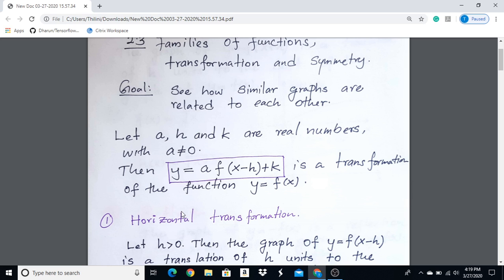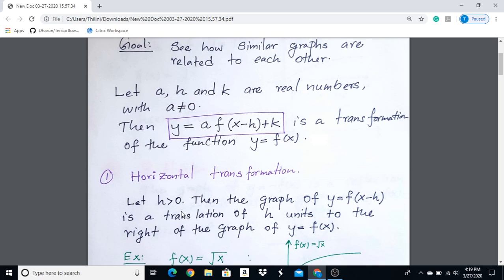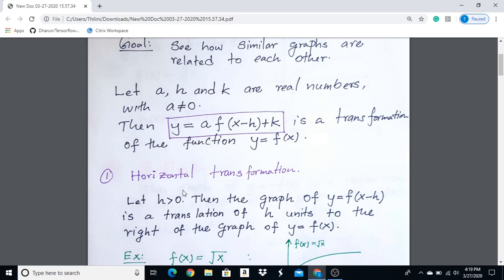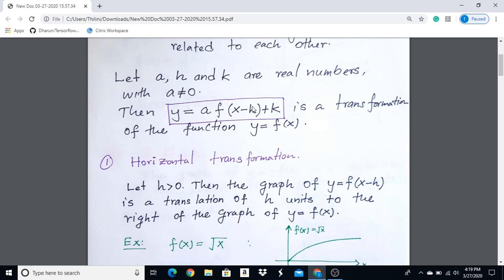There are different types of transformations. The first transformation that we're going to do is called the horizontal transformation, which is related to the h value. We take h to be a positive number greater than 0, and look at the function y equals f of x minus h.